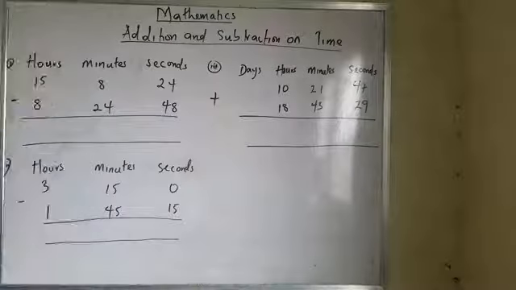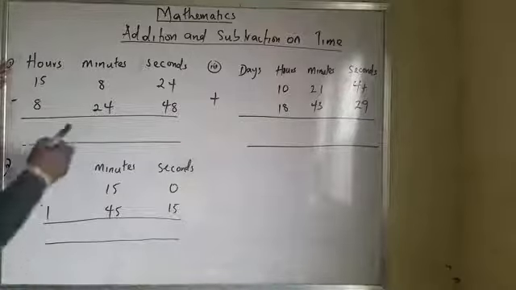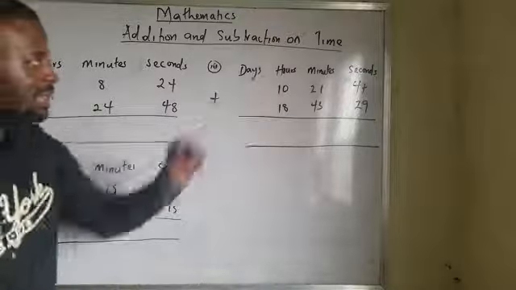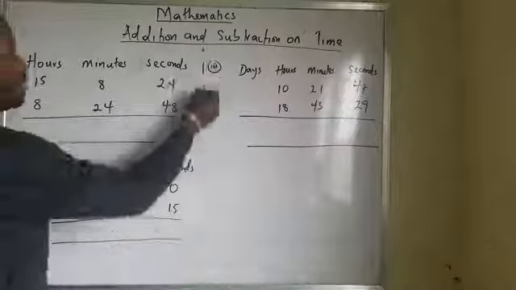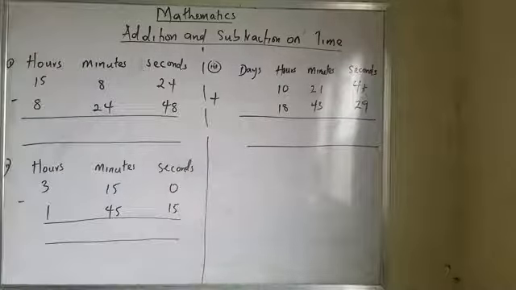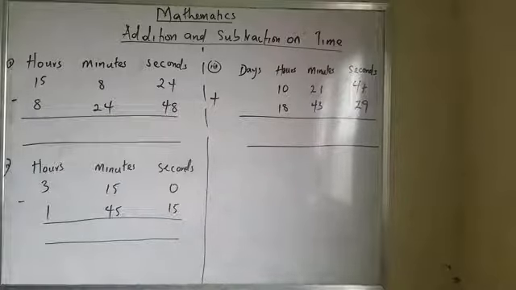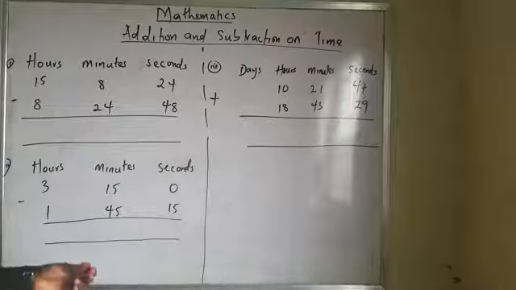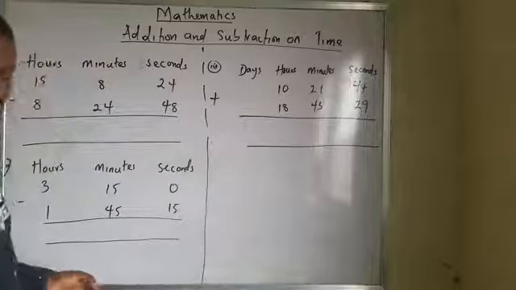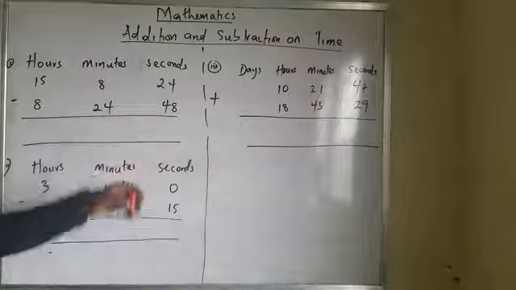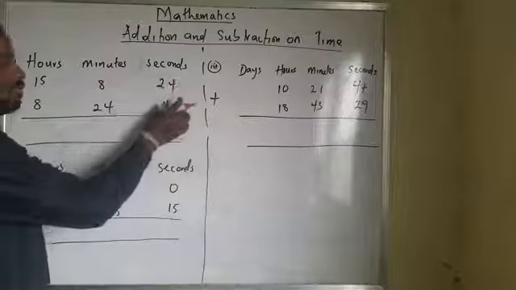Now, something like this is given to me. I'm asked to subtract this and also add this. Let's see what we need to do here. Look at this number. 24 minus 48 is not possible, because this is 24 seconds and 48 seconds.